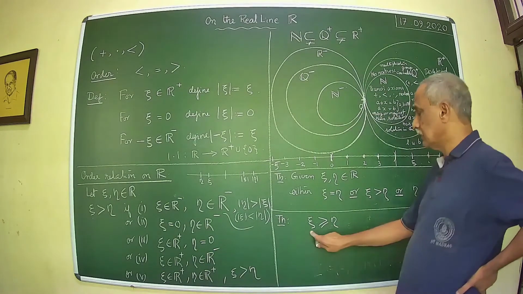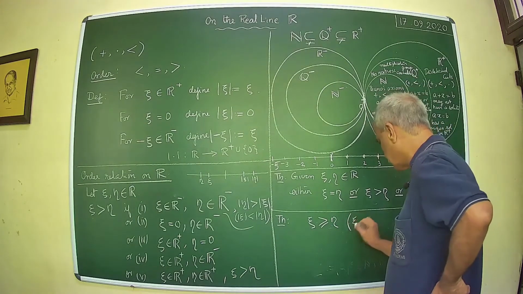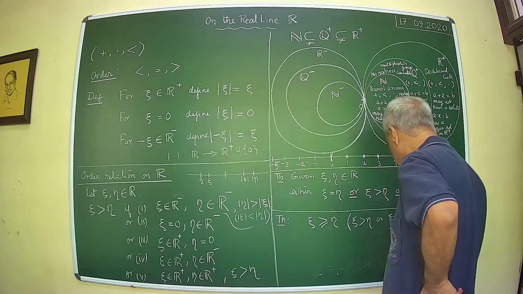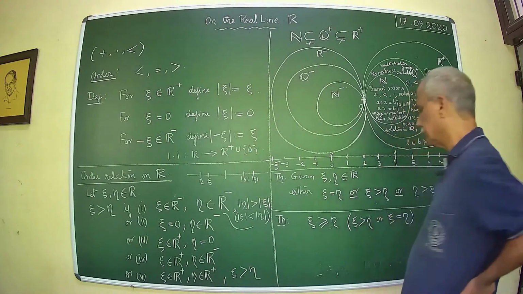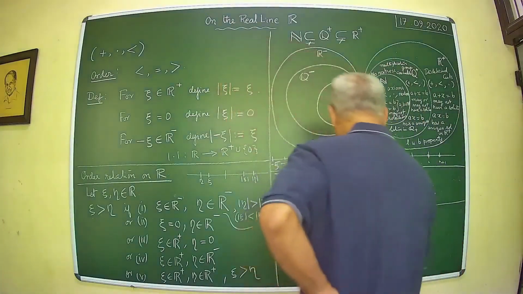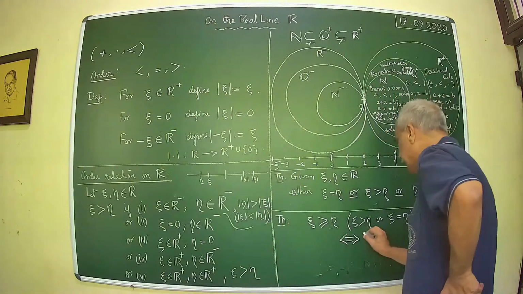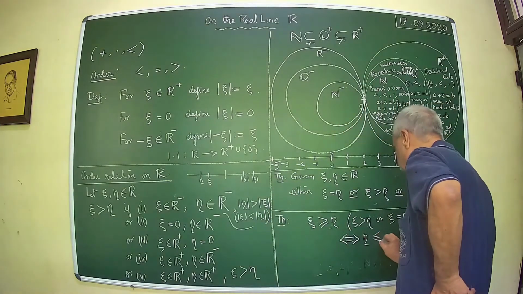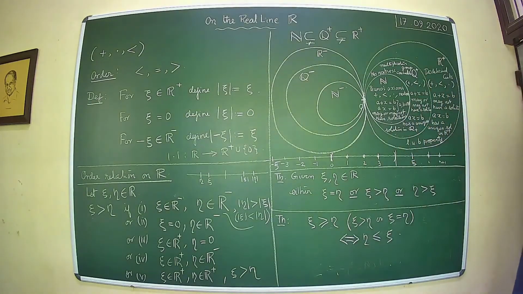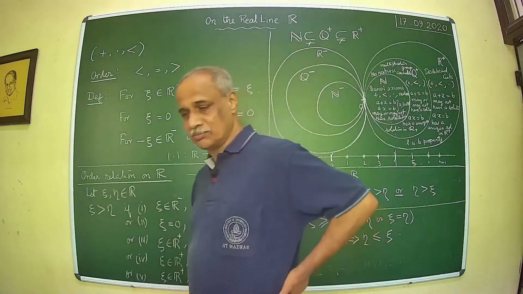So it says psi is greater than eta or equal to eta. That's the meaning. Okay. So this is, in fact, if and only if eta is less than or equal to psi. So less than we have introduced.